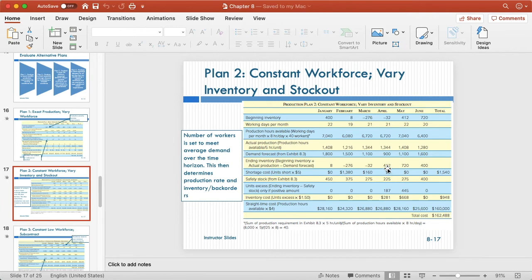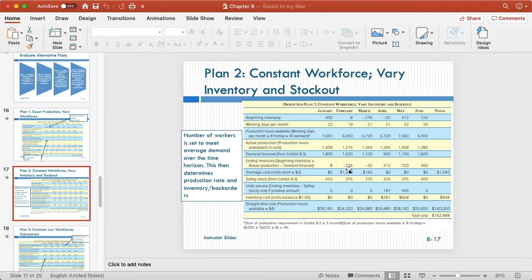You already compensated for that. Right now, you have inventory instead of a backorder situation, and you see that your inventory is above the safety stock amount. So for the actual amount that is above the safety stock level, you need to pay the inventory holding cost. For every unit in excess of the safety stock level, you pay $1.5. That's why here this is 281. Still the same fashion to get the straight time cost. And then this is the same fashion for May and June.